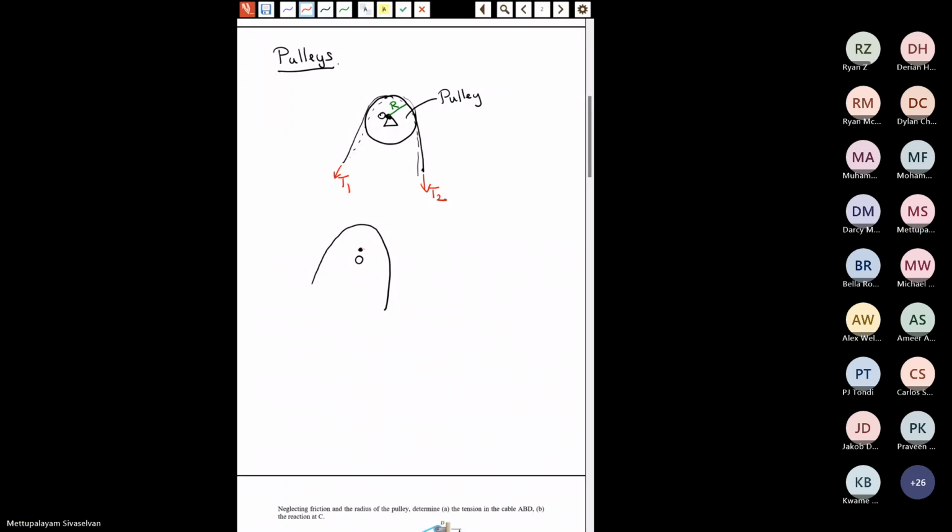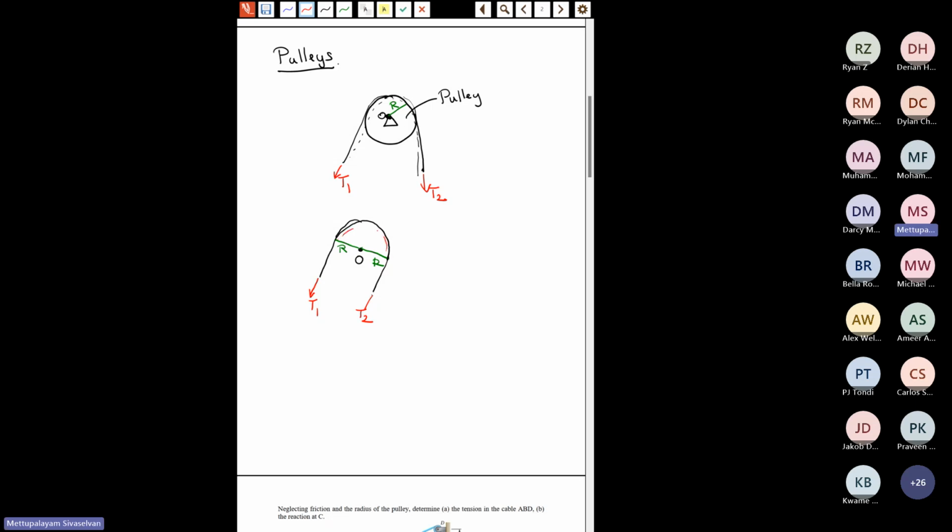So that distance is R, and that distance is R also. And this tension is T1, and this tension is T2. Okay, now if there's no friction between the chain and the pulley, then there are no forces at this interface here, right?